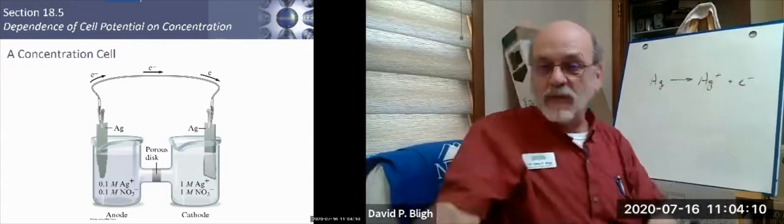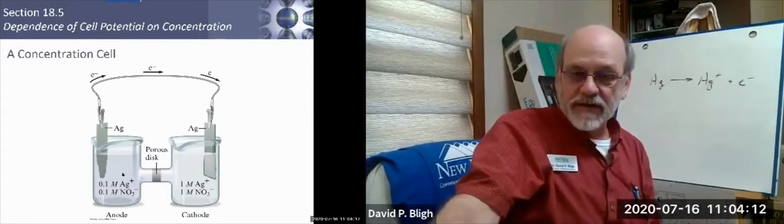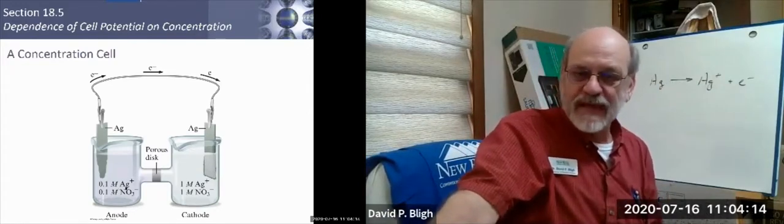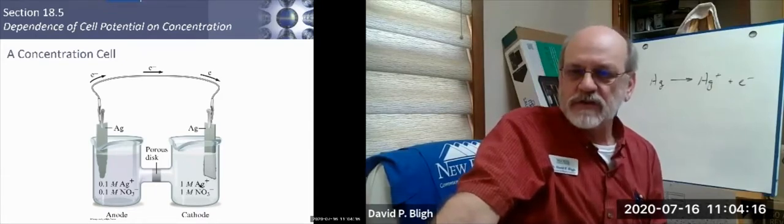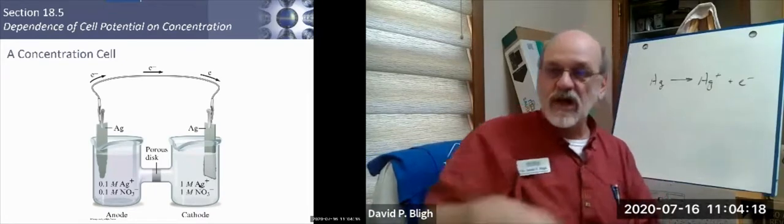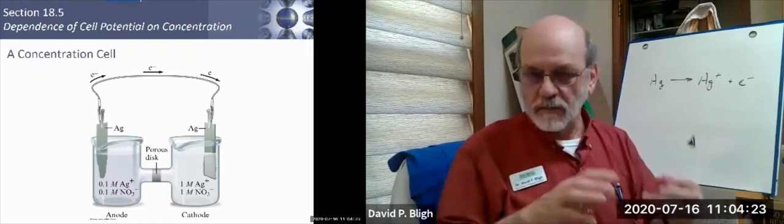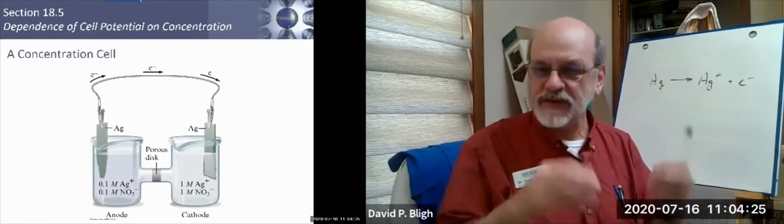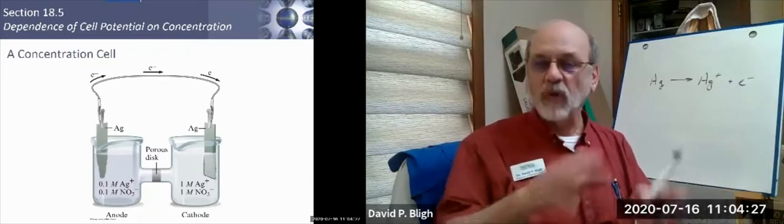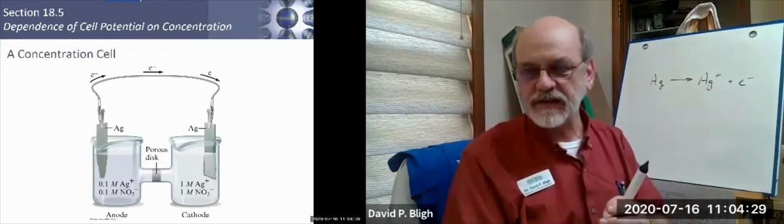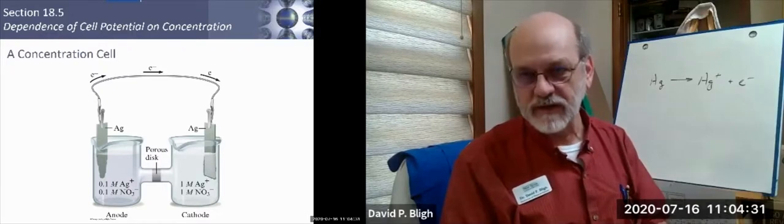Okay? So by comparison, the lower concentration becomes the anode, and the higher concentration becomes the cathode. That's a concentration cell in which both half reactions have the same components, but one runs as an oxidation and the other runs as a reduction.